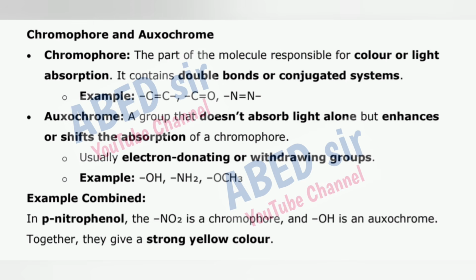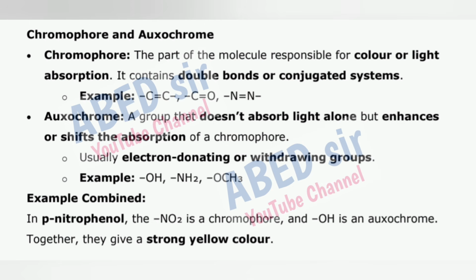Chromophore and auxochrome. Chromophore: the part of the molecule responsible for color or light absorption. It contains double bonds or conjugated systems. Example: C=C, C=O, N=N. Auxochrome: a group that doesn't absorb light alone but enhances or shifts the absorption of a chromophore.